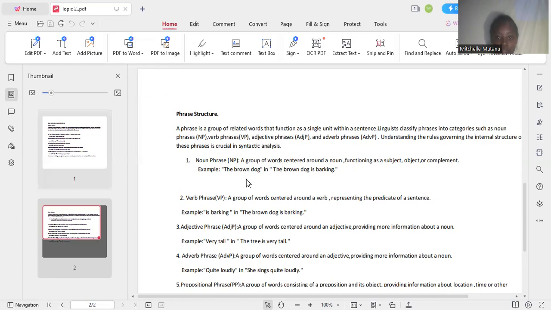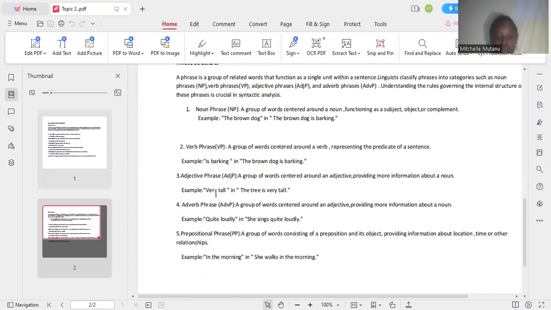Verb phrase: a verb phrase is a group of words centered around a verb representing the predicate of a sentence. Example, is barking. In the sentence, the brown dog is barking, is barking is the predicate of the sentence, so it is the verb phrase.